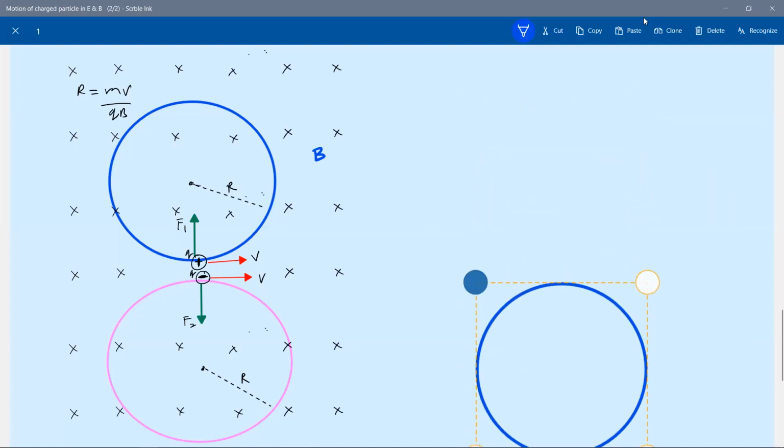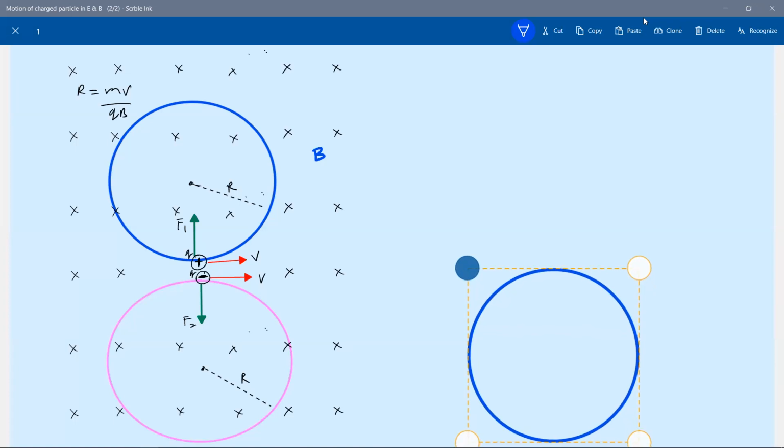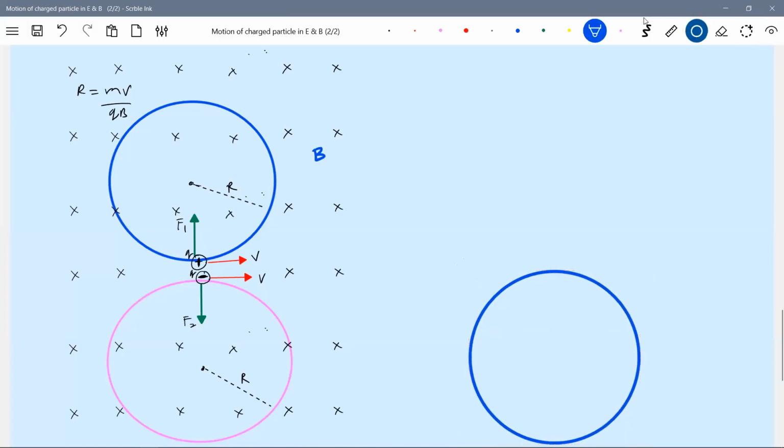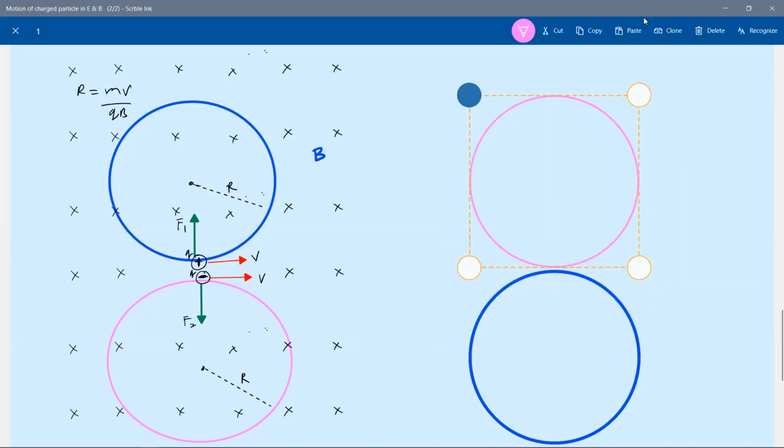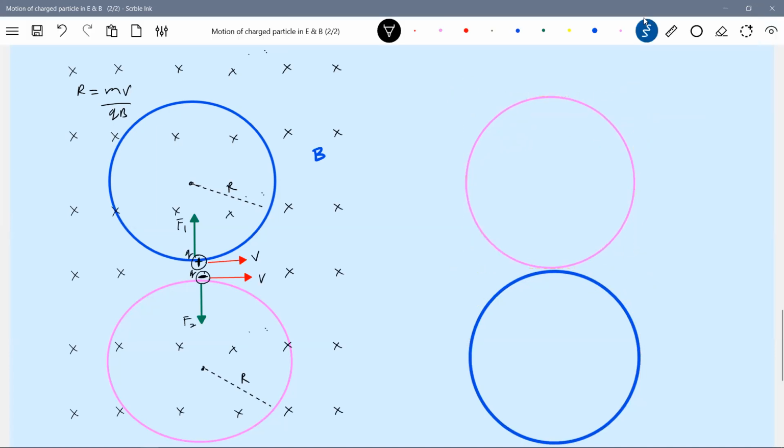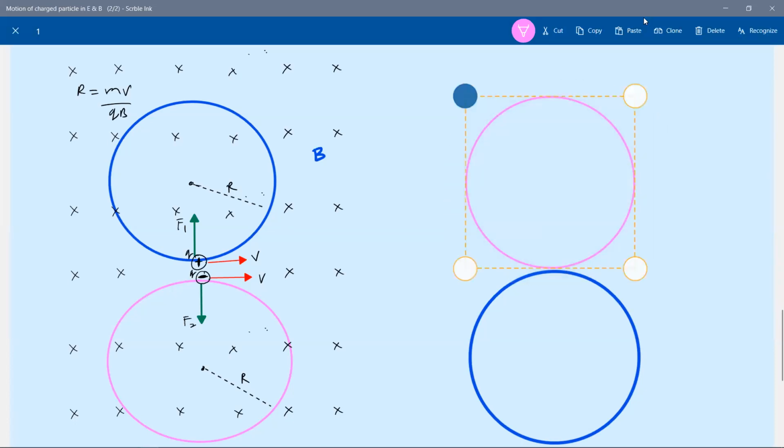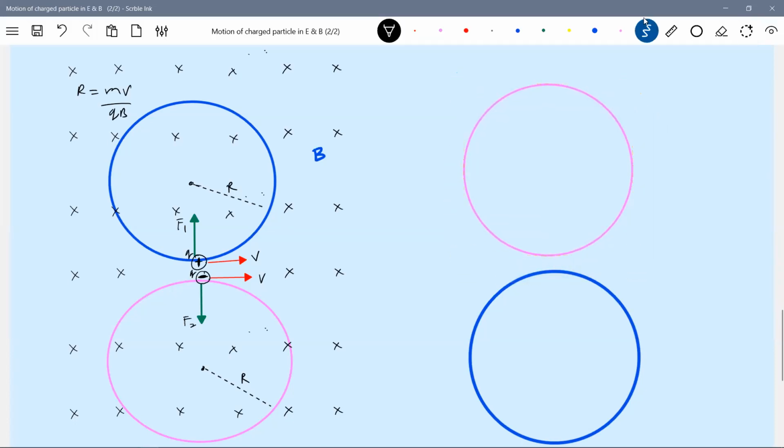Now, the positive charged particle will describe this path, and the negative charged particle will describe this path. Let me give a little bit of gap to indicate all the things.